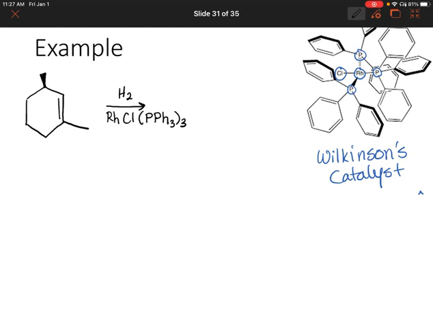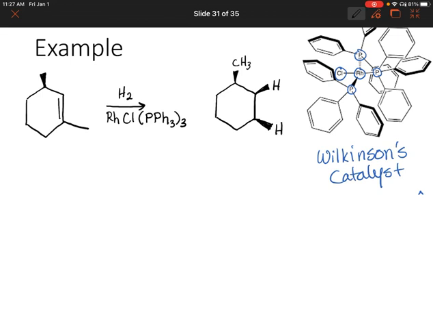So what we end up with here are 2 products. The methyl group up above, which is in a wedge position, will just stay in its wedge position. So I'll just write CH3 there. And then remember, we get 2 hydrogens that end up syn to each other.